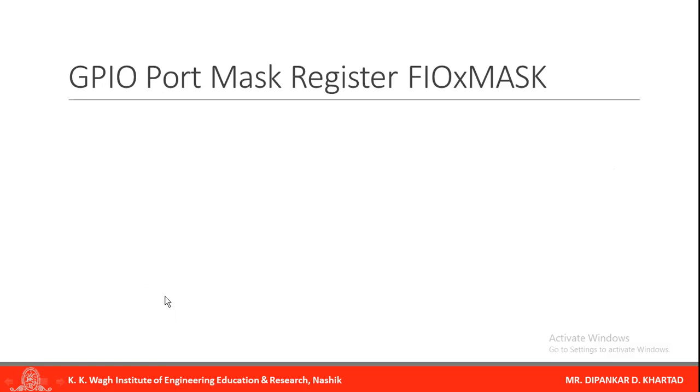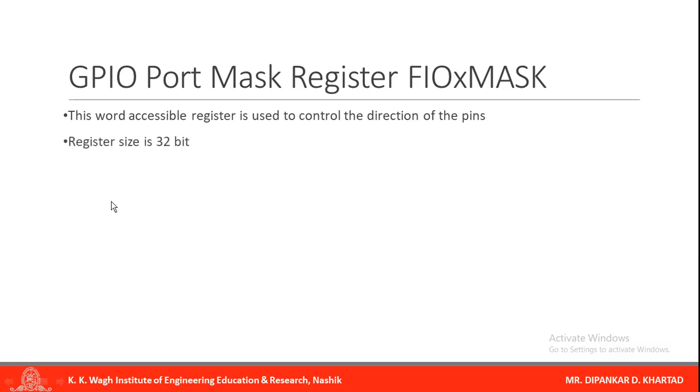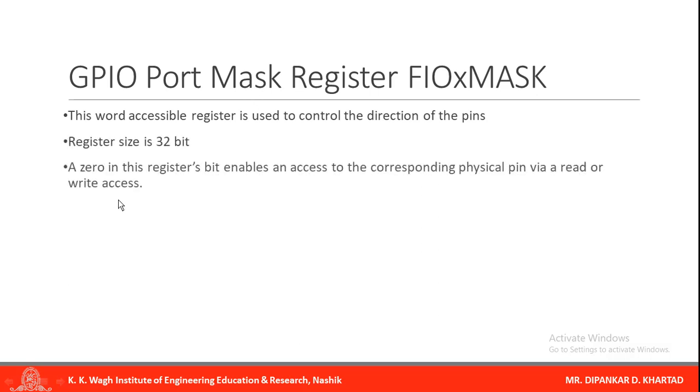So now move on to the second register, that is the mask register. FIOXMASK. This is a word accessible register used to control the pins. Size is 32-bit again. A 0 in this register bit enables access to the corresponding physical pin via a read or write access.